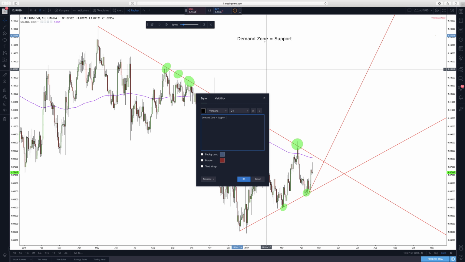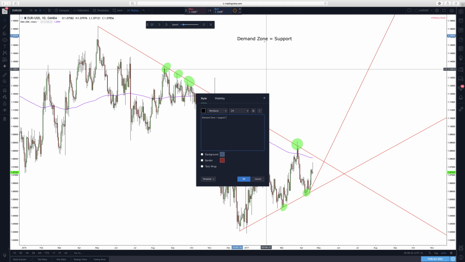I prefer to use supply and demand zones because what they actually do is you take the length of the wicks for the width of your rectangles, and then you draw them out that way. And that shows you an area of support and resistance. Keyword, area. Price isn't going to perfectly every single time hit a certain price level and be rejected off of it or bounced off of it.